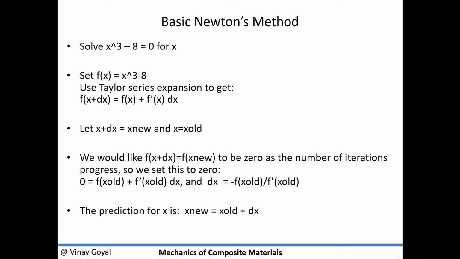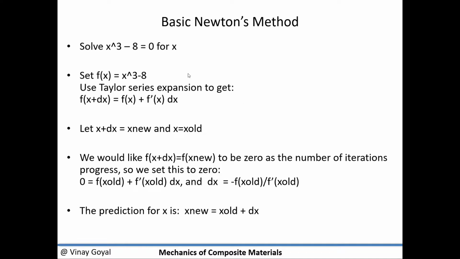So, the basic Newton's method. Newton's method is one of the topics that we need to learn to understand how the optimization algorithm we'll be discussing really works. So say, for example, you have x cubed minus 8 equals 0. We want to solve for x from this particular equation.